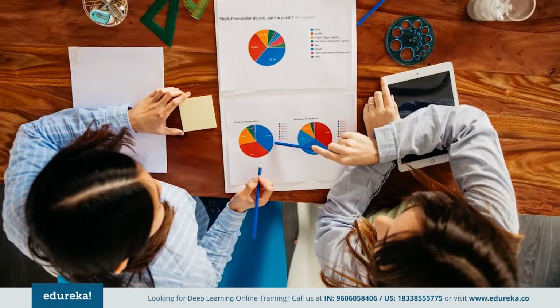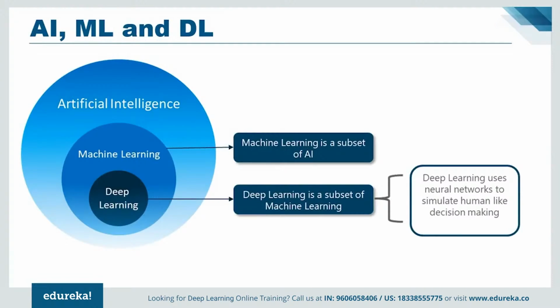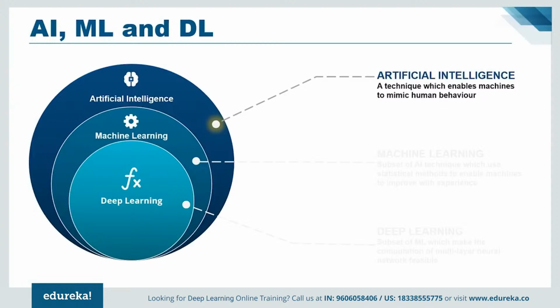Now before talking about deep learning, one must understand its relationship with machine learning and artificial intelligence in terms of data science. So if you have a look at the picture here, you can see that data science is the superset, and inside we have artificial intelligence, inside that we have machine learning, and inside that we have deep learning. So data science is an extraction of knowledge from data using different techniques and algorithms, whereas AI or artificial intelligence is a technique which enables machines to mimic human behavior.